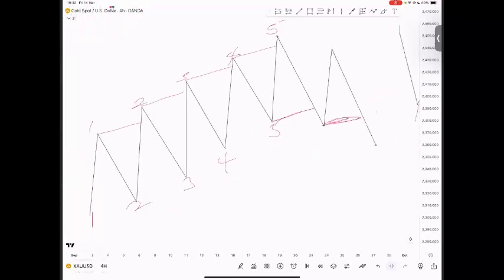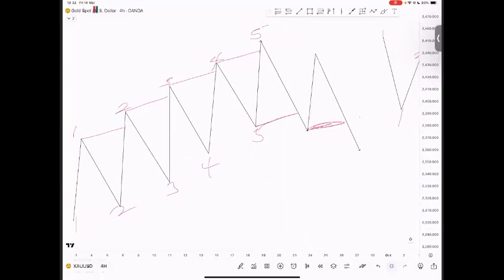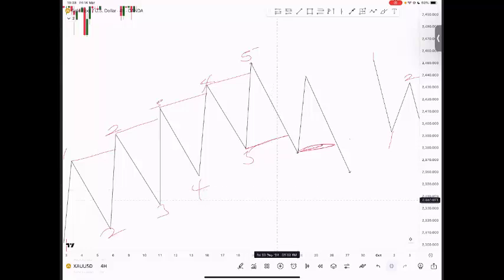This is what the change of character looks like. It usually constitutes a change in the direction of price, but it is an unconfirmed change, which means that you need to see an extra break of structure to confirm that price has truly changed its trend, right? So I think this is a sum up of what we've done.